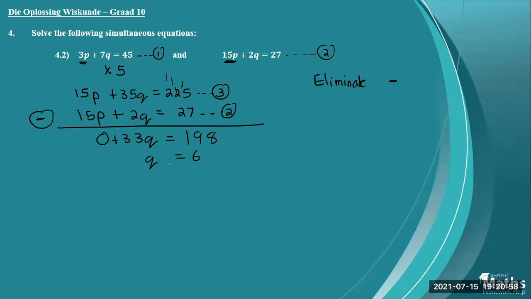Okay, I've got q is equal to 6. Now you can sub it into either equation 1 or equation 2. I'm just going to sub into equation 1. So it will be 3p plus 7q is equal to 45, where I'm going to sub in my q value, which is 6.